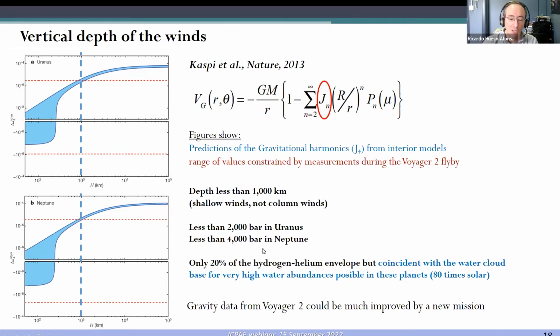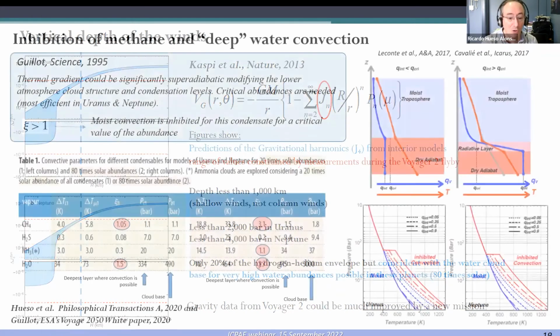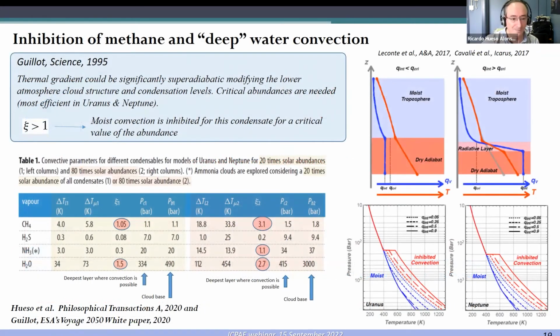And this is only about 20% of the hydrogen and helium envelope, but it's close to the level that you would expect if you were to have very high abundances of water. And so all of these elements are related. And also you would have a different density of the atmosphere because you are having so much water. So we really need to go to these planets and measure the gravity better. And you can only do that from an orbit.